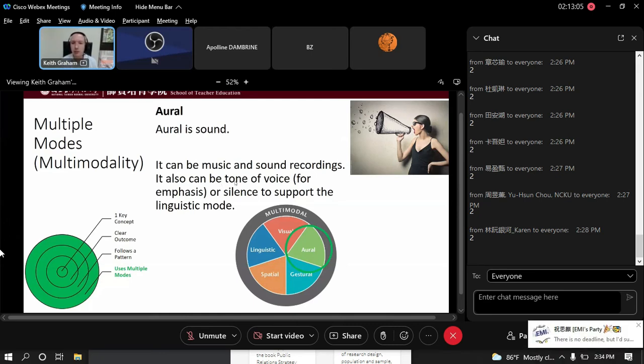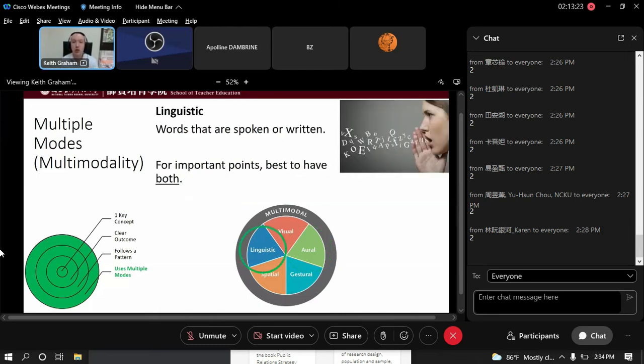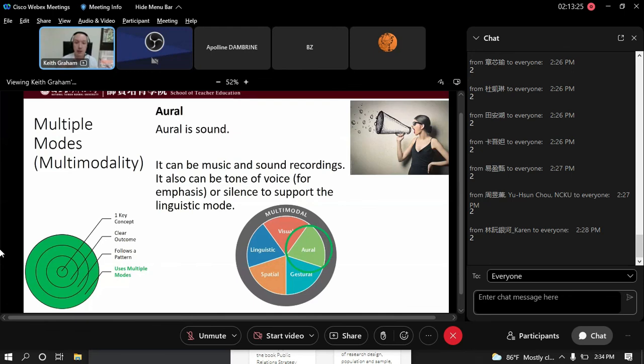So sometimes it's about tone of voice. If we want to emphasize a word, we might say, now this word, you notice I put emphasis on it, that can be helpful for comprehension as well. So combining the linguistic, what we're saying, with some emphasis, emphasizing the important key points.